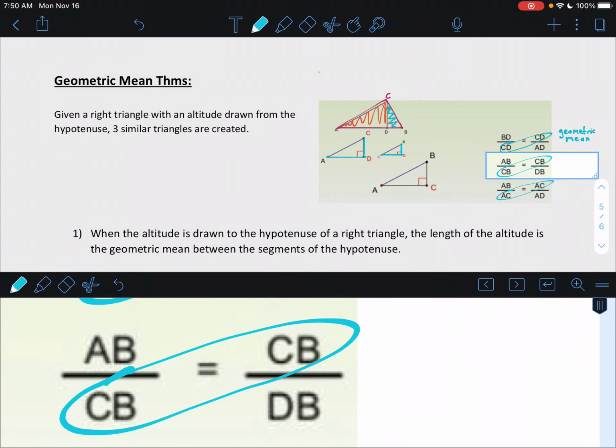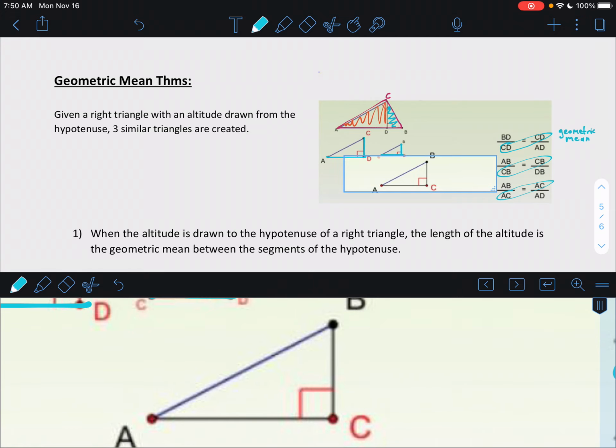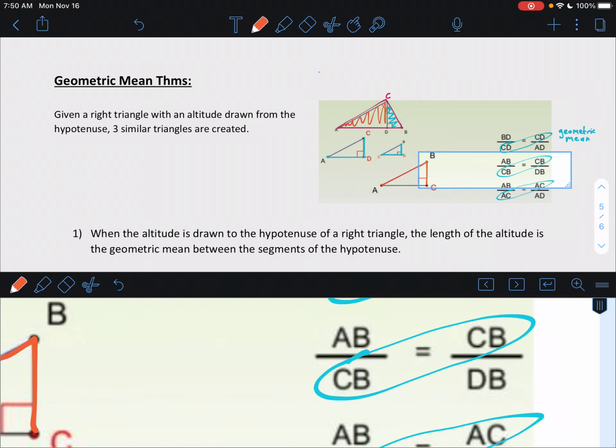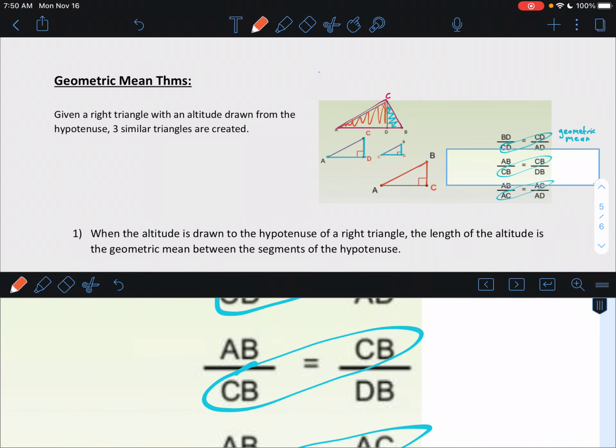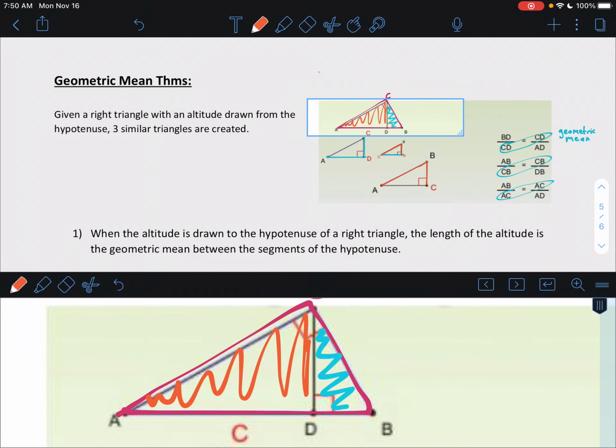And let's look at our other proportions. It says AB over CB, which is the hypotenuse over the short side, equals CB over DB. That is the hypotenuse over the short side of our smallest triangle. If we look at the actual diagram, we can see where those fall in.